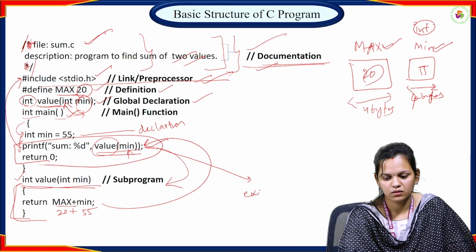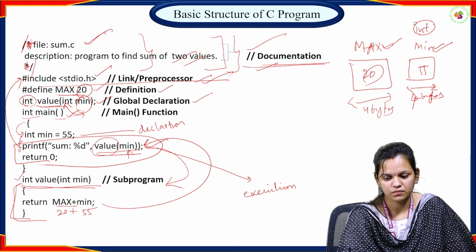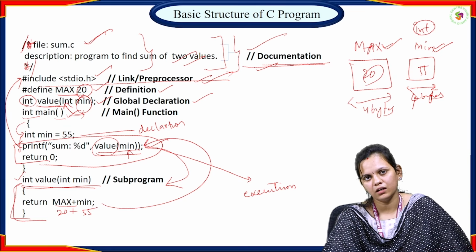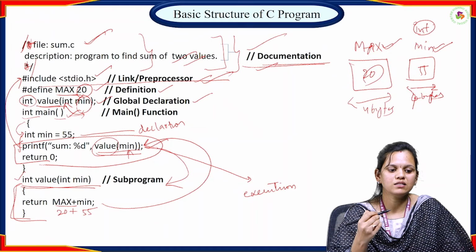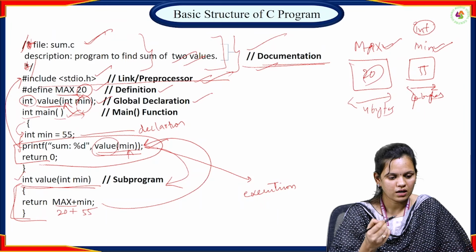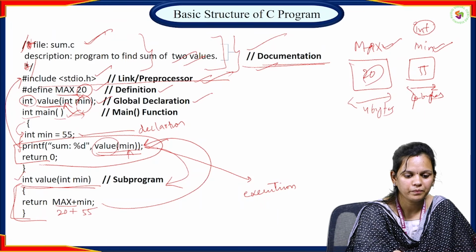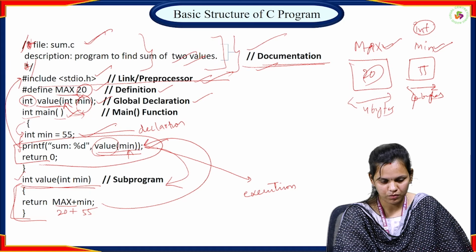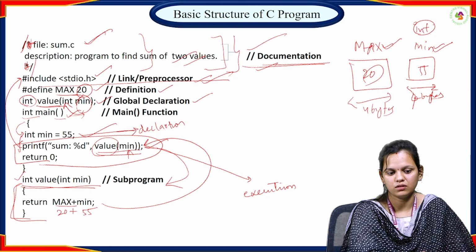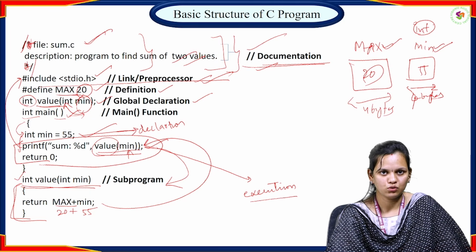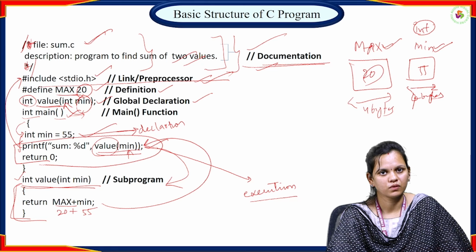And coming to the main section, this is the declaration section, and the rest of the two statements are the execution section, right? As I said earlier, main consists of two sections, that is the declaration section and the execution section. Here I have declared the variable minimum, so this comes under the declaration section, and the rest of the statements are the execution section, right?